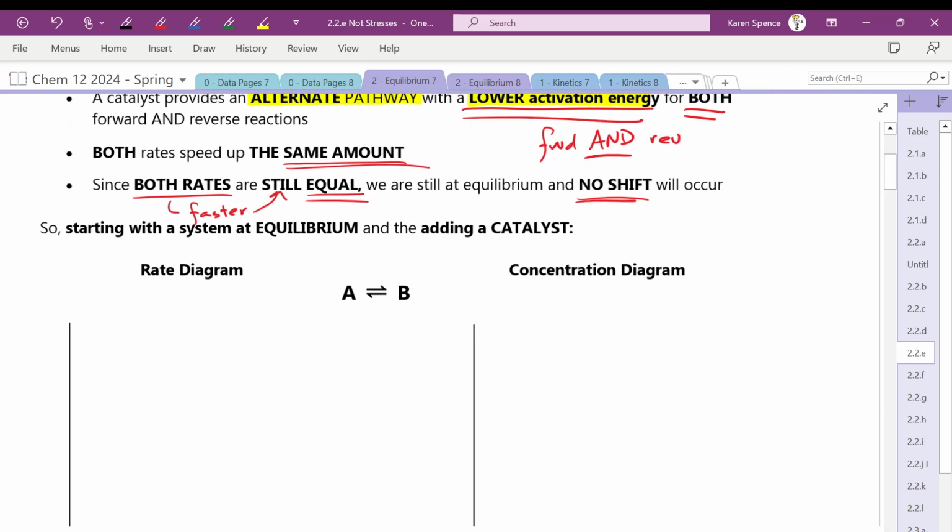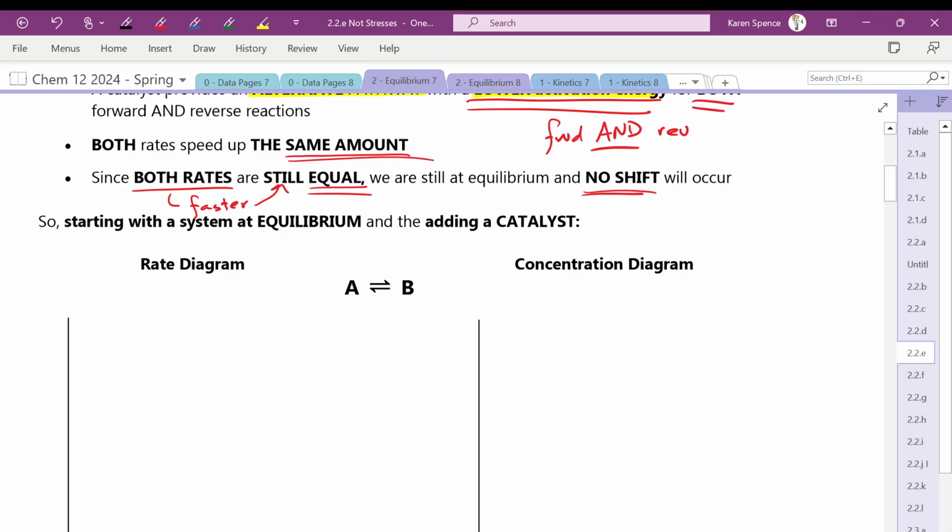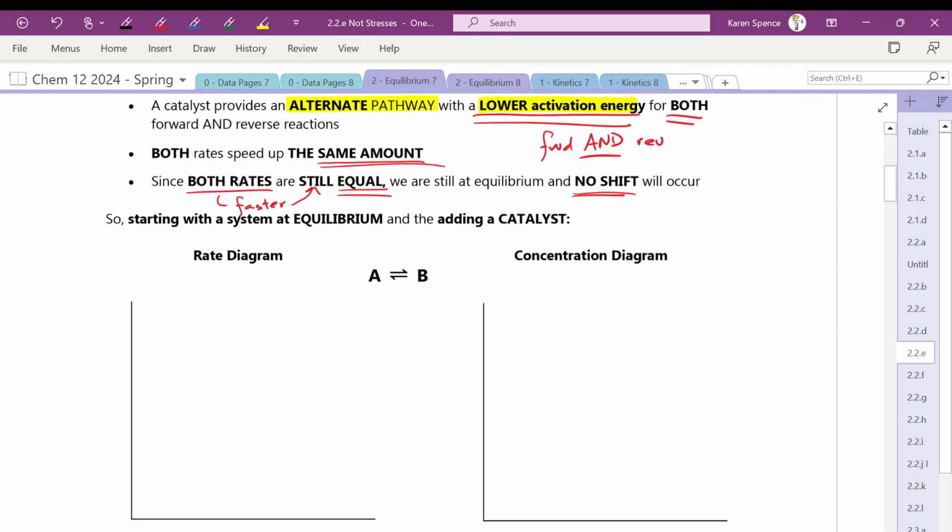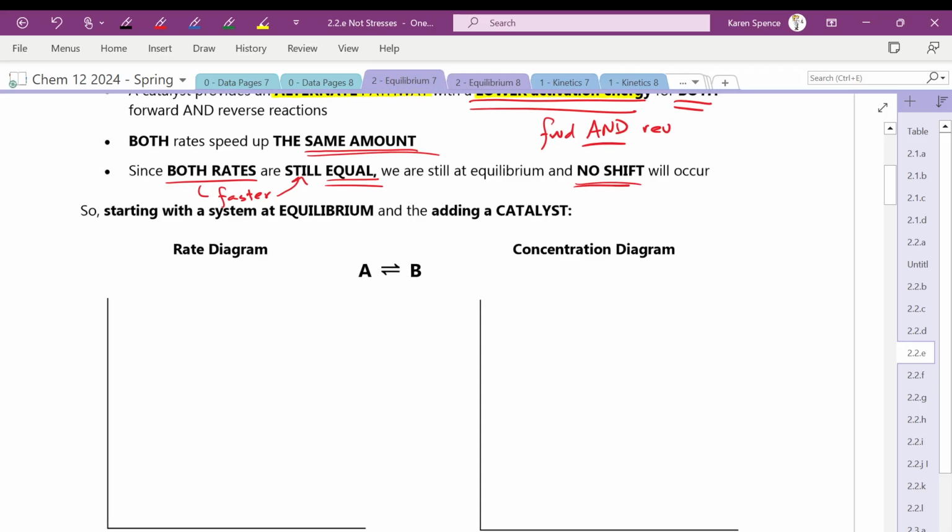So let's have a system that starts at equilibrium. Let's draw the rate diagram and the concentration diagram. We are on page 57. Okay, so now we add a catalyst.